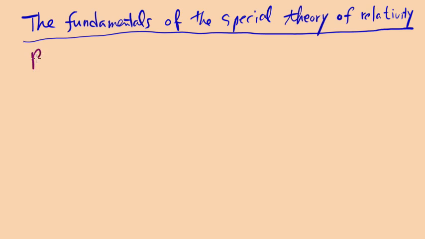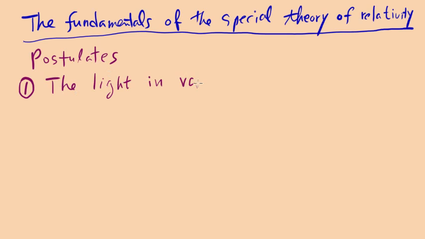There are two fundamental postulates of the special theory of relativity. The first one is that light in vacuum always travels at a constant speed, which is c. We'll talk about c pretty soon.